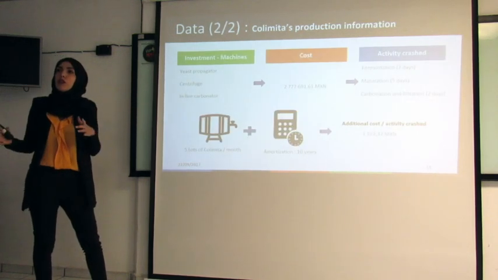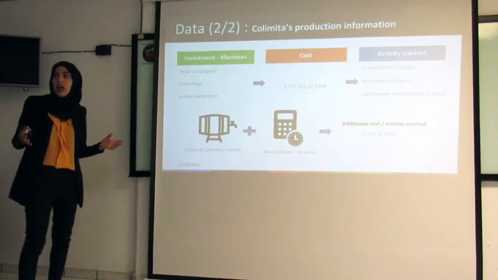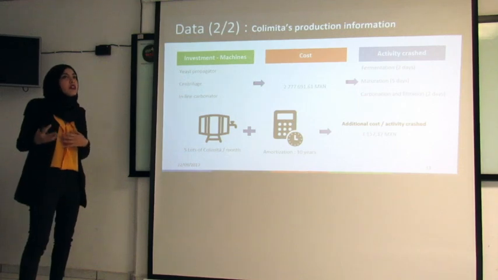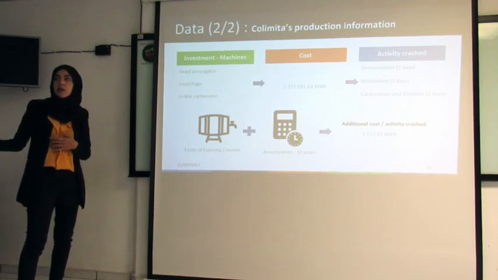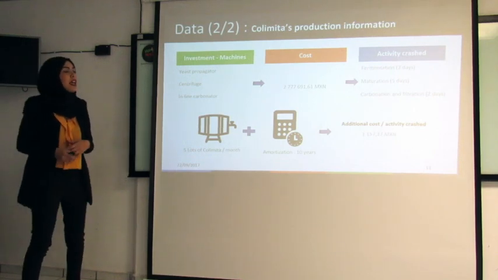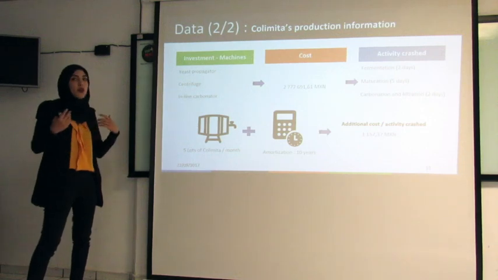Now we have all the data that we need, but how can we crash our activities? We've been talking with the person in charge of the production service, and he told us that if we want to crash activities, we need to buy more machines.